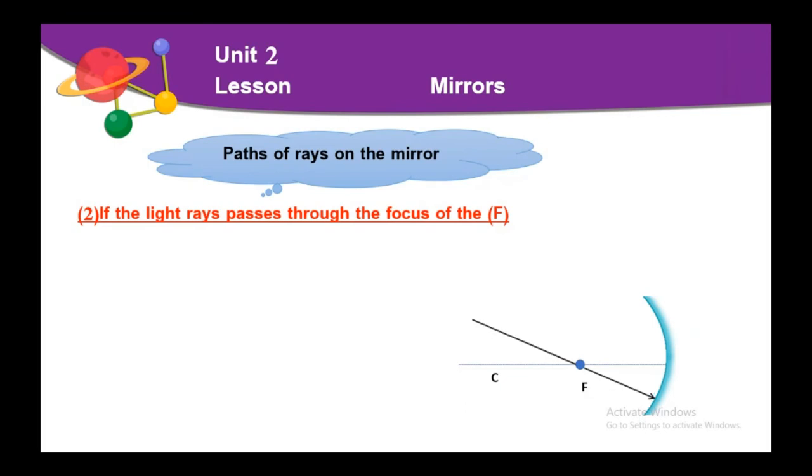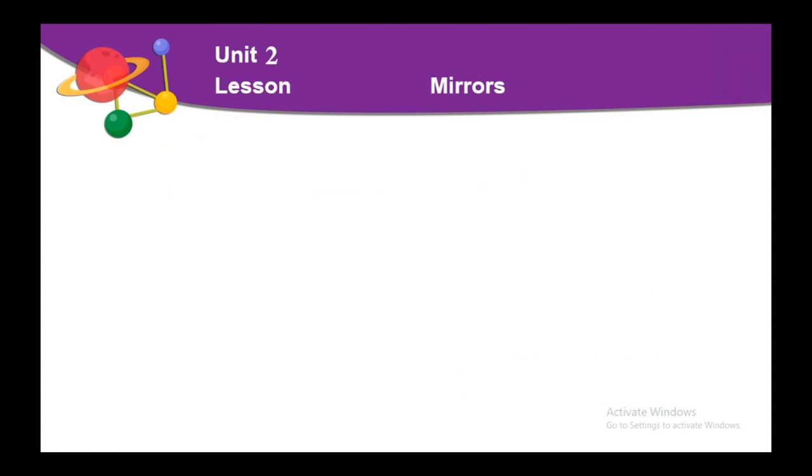When the light rays fall on the reflecting surface passing through the focus, what will happen? It will reflect parallel to the principal axis. It is the opposite of the first case. So if the light rays pass through the focus, they will reflect parallel to the principal axis.